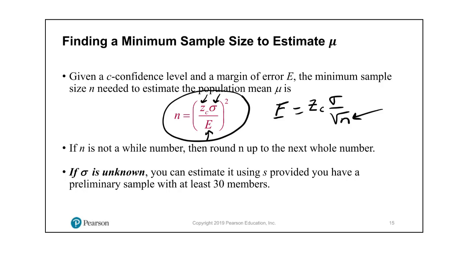Calculate that, square it, and we get n. Since we're talking about sample size, n should be a whole number, so we would round up to the next whole number. In the case where the population standard deviation is unknown, you could use the sample standard deviation if you have a sample of at least size 30.